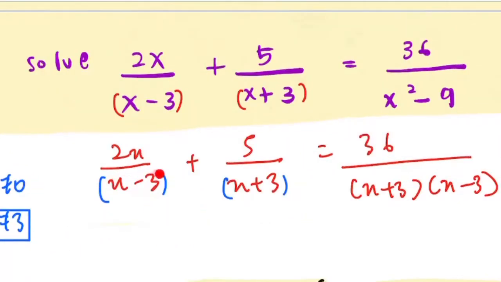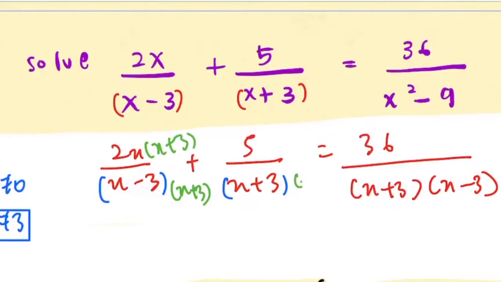Now let us simplify this equation here. We want to reach a common denominator. So this one here on your left hand side is x minus 3. Here is x plus 3. And on your right hand side, you have both x plus 3 and also x minus 3. Therefore, let us solve this. Multiply the first term with x plus 3 and also your numerator with x plus 3.